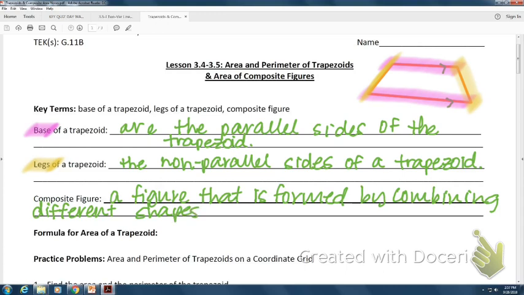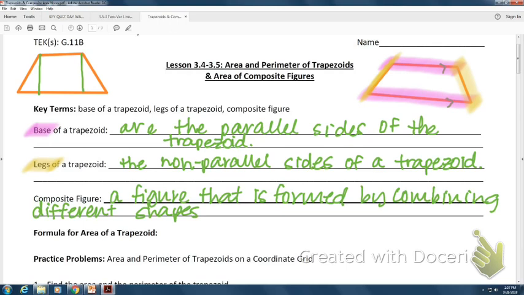Okay, I'm going to draw another trapezoid. What shapes could I break my trapezoid into? Very good. Two triangles, and not necessarily a square, but a rectangle.